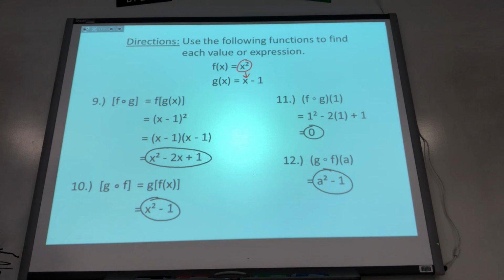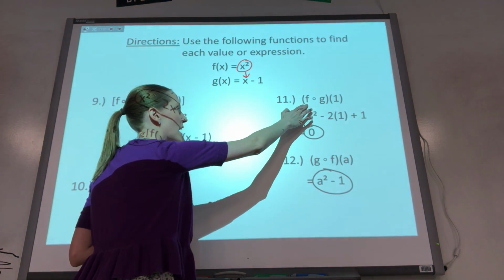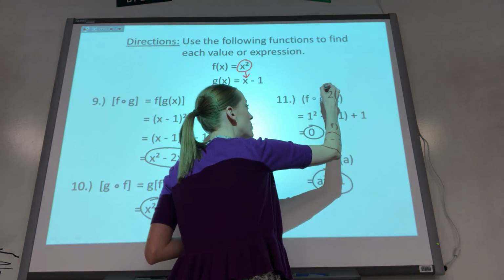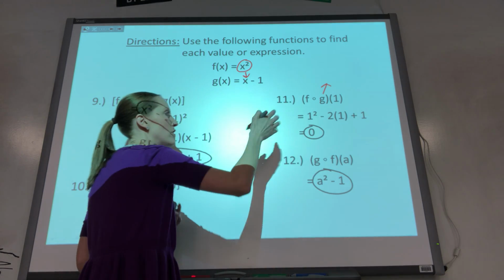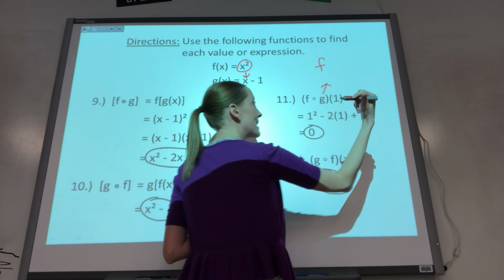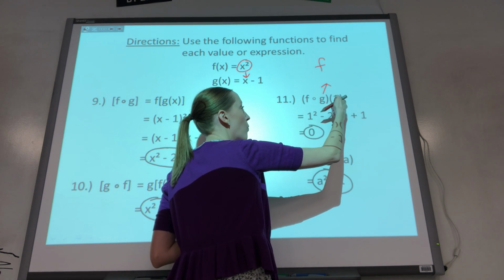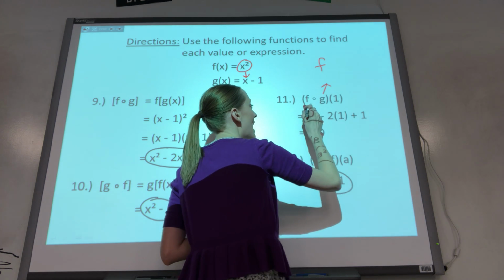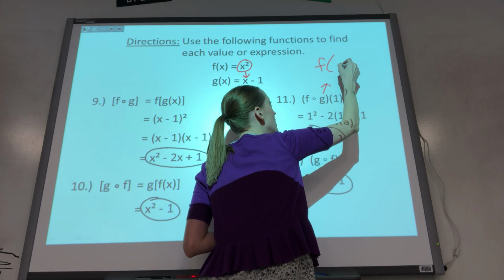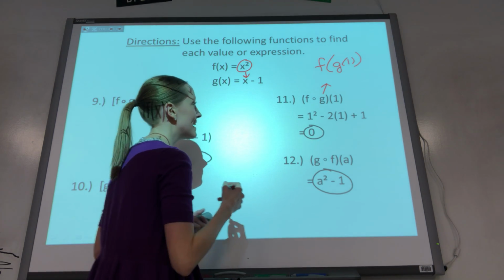Question. Is that how it'll be on the test where we're already doing f of g? May not always match up like that. That's a good question. So if we didn't know what f of g was up here, method 2 seemed to be a little bit easier if you didn't know what f of g is. So this might be helpful to write down in case you don't know f of g. F of g of 1 is the same as saying f of g of 1. We could just kind of write it like that.